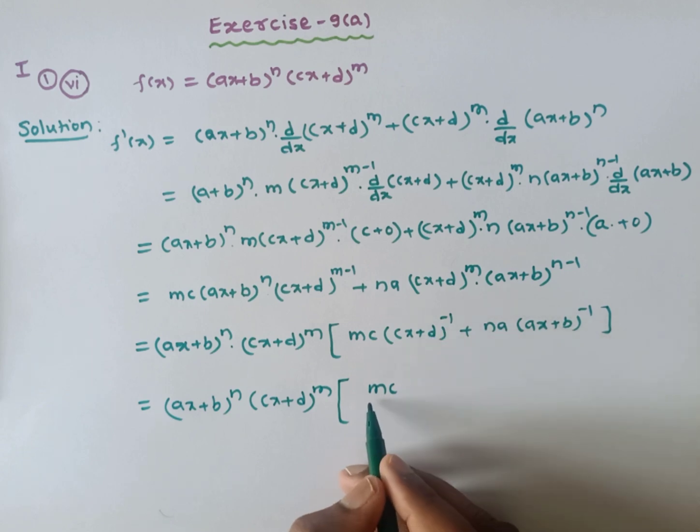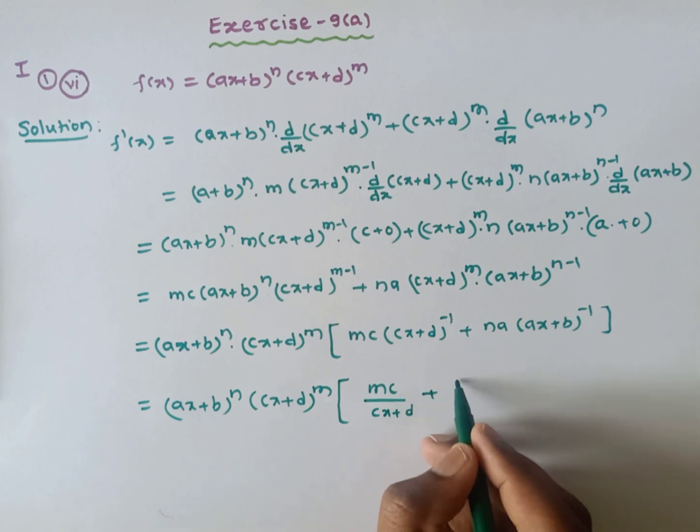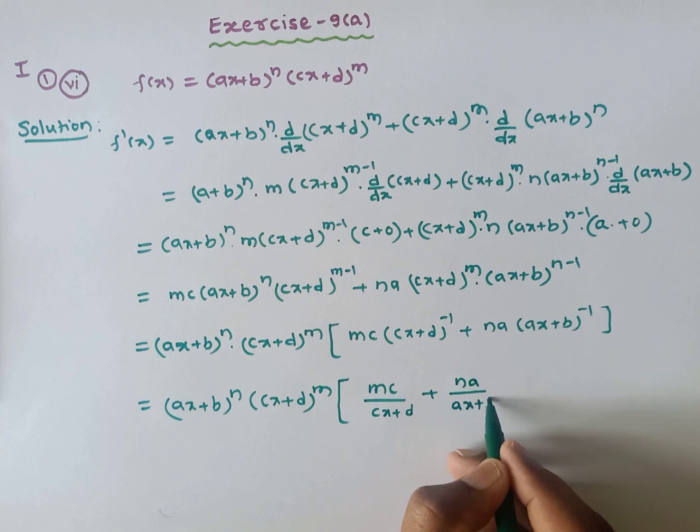So we can write this as 1 by (cx plus d); 1 by (cx plus d) into mc is nothing but mc by (cx plus d), plus na divided by, now say this is (ax plus b).